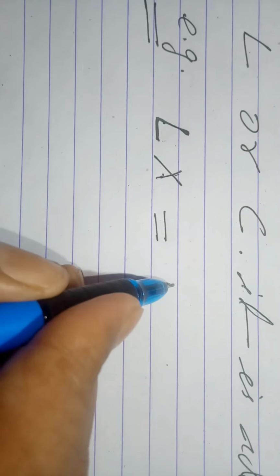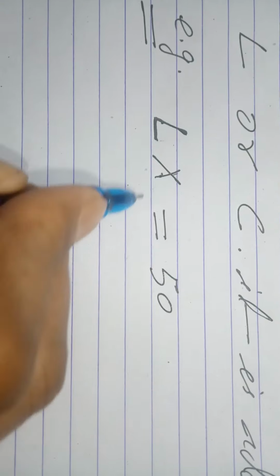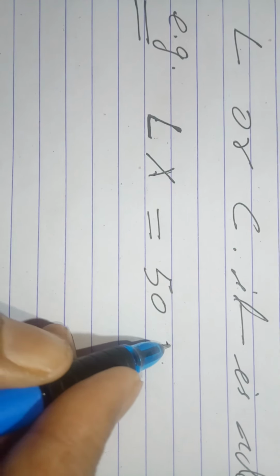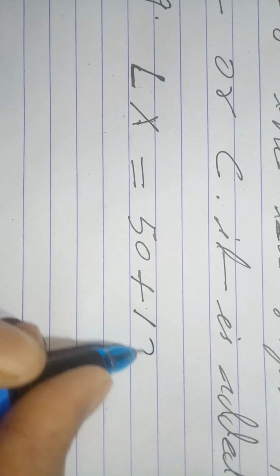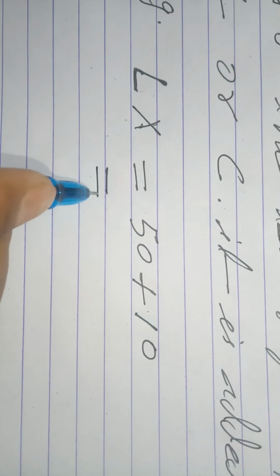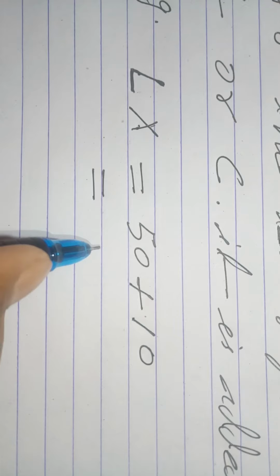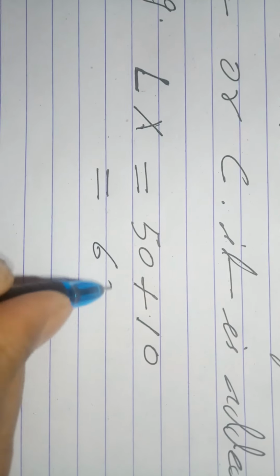L for 50, X for 10. 50 plus 10 equals 60.